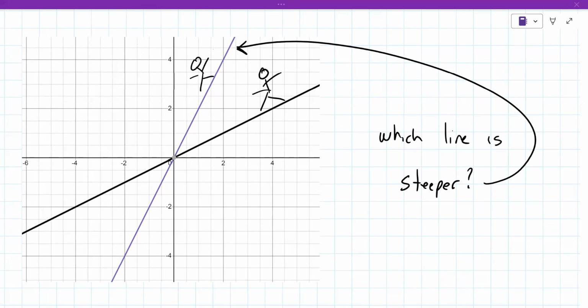So let's do some equivalent rates. So these are typically word problems. So I want to be careful here that I grab some that are okay. I don't like any of these.